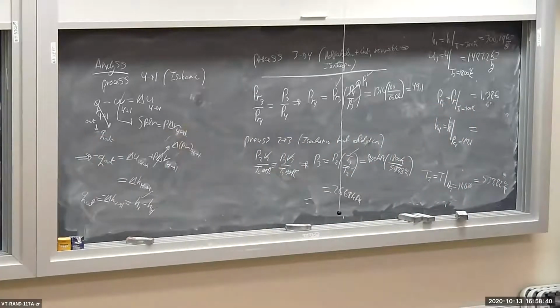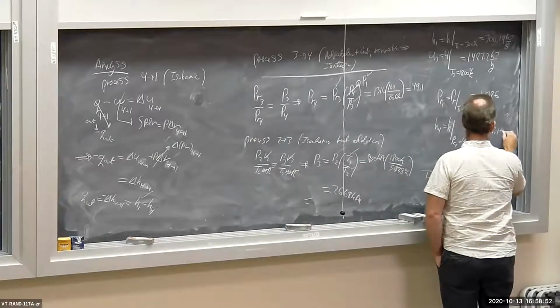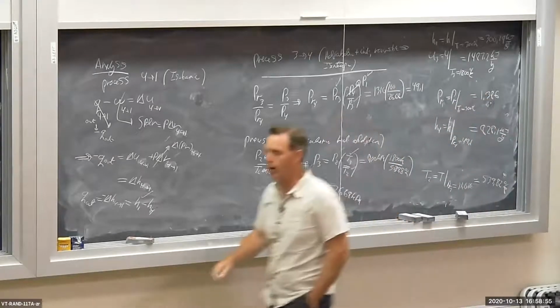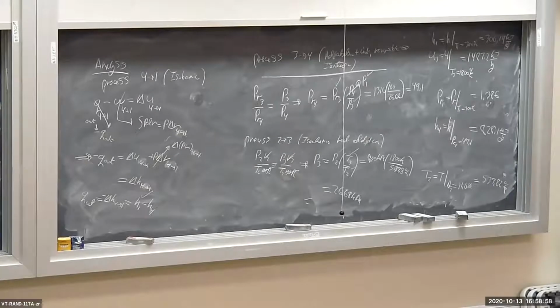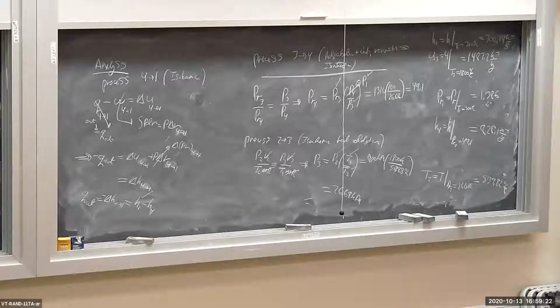And from the IGB tables, I get 828.1 kilojoules per kilogram. Let's check that. Let's go back to our IGB tables. So we have a PR4 of 49. Let's see if we can find it. 49, looks like it's around in here somewhere. Looks like about 820 something. 828 is what we have, okay?